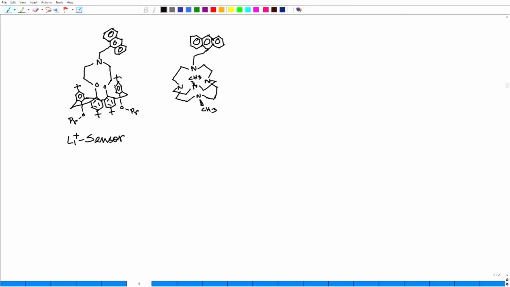But what is important for the supramolecular chemist is the design of these receptors to bring in specificity. These are specific for lithium ion, so that is why they are important. This is the way we can get lithium sensors.